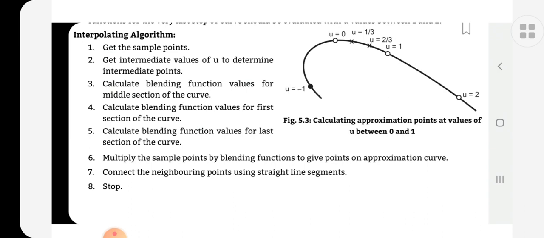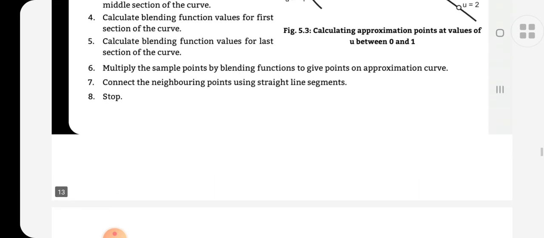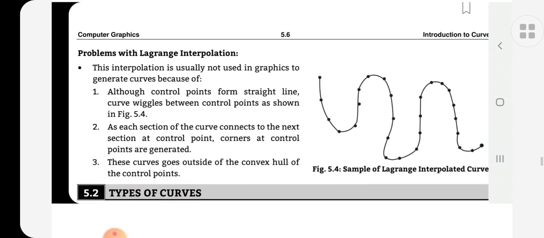Fourth, calculate the blending function values for the first sections of the curve. Fifth, calculate the blending function values for the last sections of the curve. Sixth, multiply the sample points by the blending functions to give points on the approximation curve. Seventh, connect the neighboring points using straight line segments, and then stop.